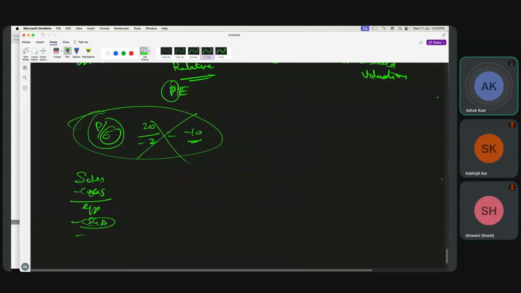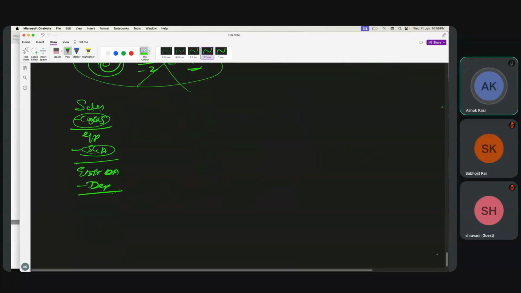Imagine you don't believe in all these numbers, you think they have not followed the right accounting, or they have manipulated depreciation, but you are still interested in the company. Then the best one is, instead of earning after tax or net profit, you can simply go for sales, the purest form.